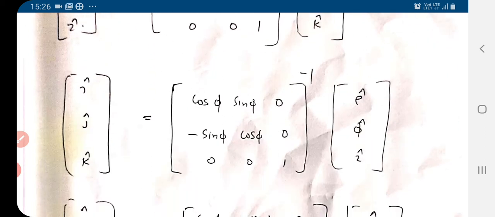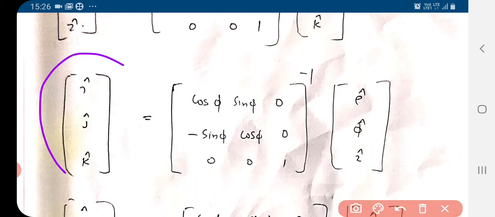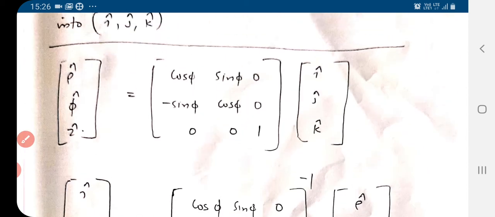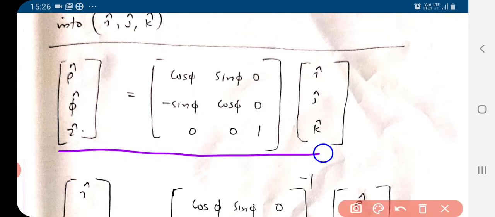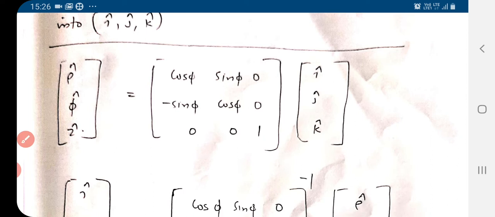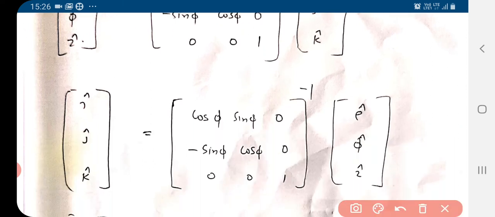So i, j, k, this is in matrix form. What will be i, j, k? That will be equal to the matrix cos phi, sin phi, 0; minus sin phi, cos phi, 0; 0, 0, 1, inverse, times rho, phi, z.